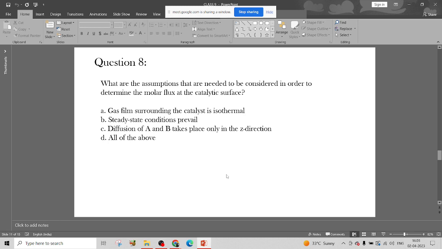So okay, what is the combined option that is suitable for this? The answer is option D, all of the above. Now question number 9.